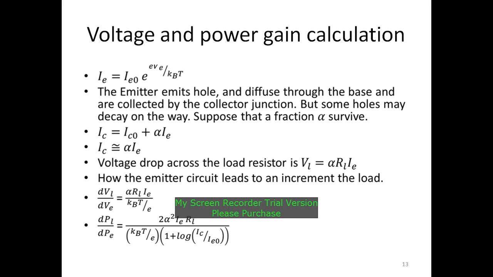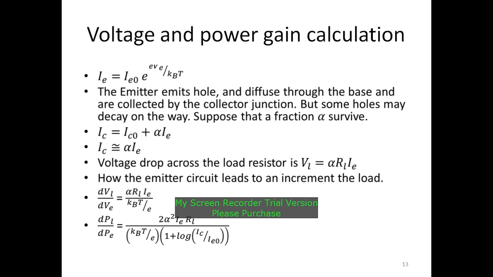So we can write the collector current as the sum of IC naught, which is a very small number, plus alpha times IE. So we introduce alpha. It's a fraction of those holes which survived, which are successfully diffused from the emitter to the collector.